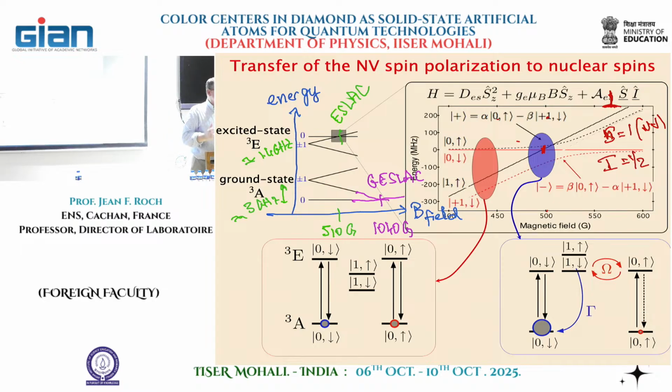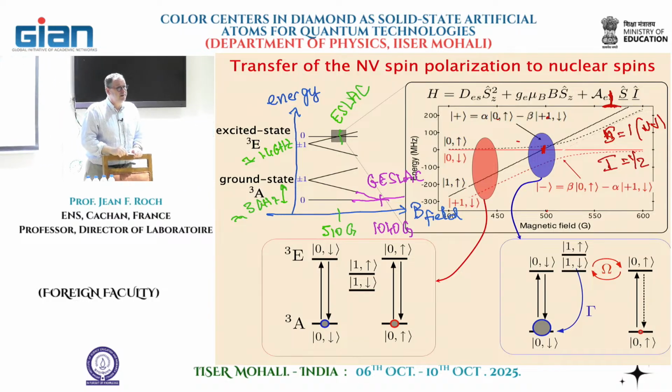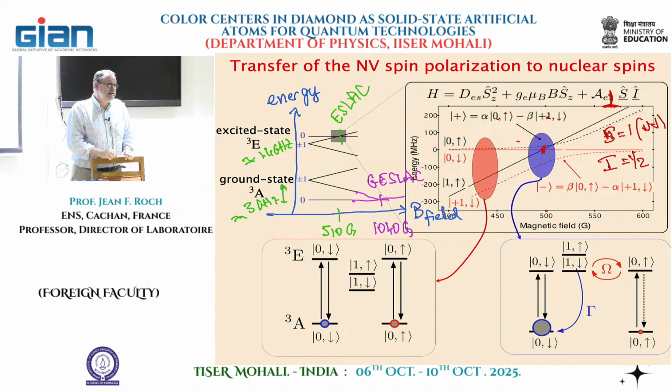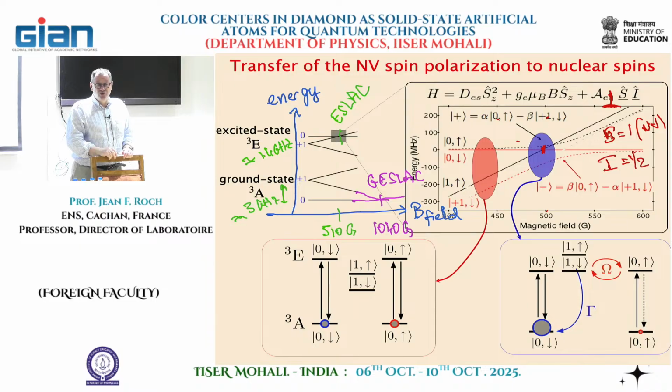It's the only condition: the hyperfine interaction must be strong enough so that during the 13 nanoseconds that the NV spends in the excited level, this flip-flop occurs. And indeed, it's what happens. Due to the strength of the hyperfine interaction, you can do a small toy model of that and convince yourself that this will be a very efficient polarization scheme.